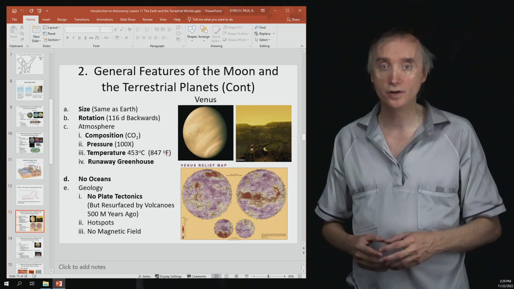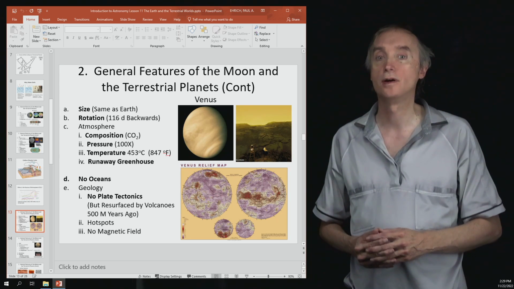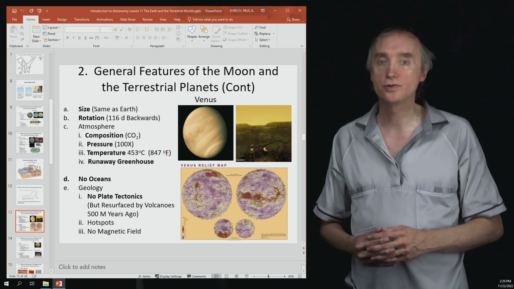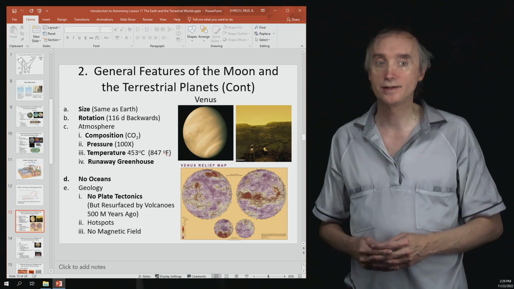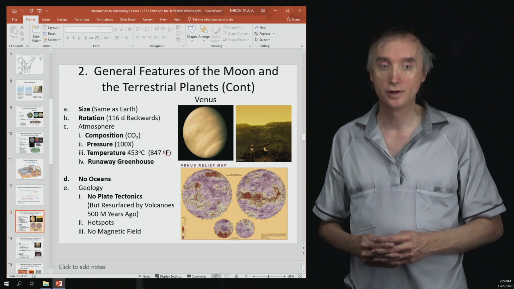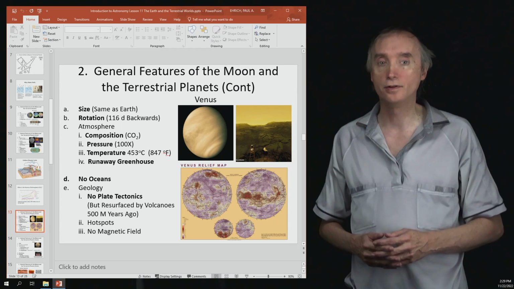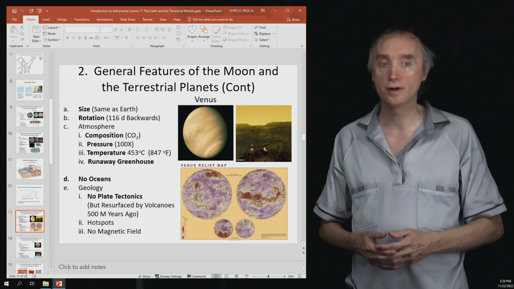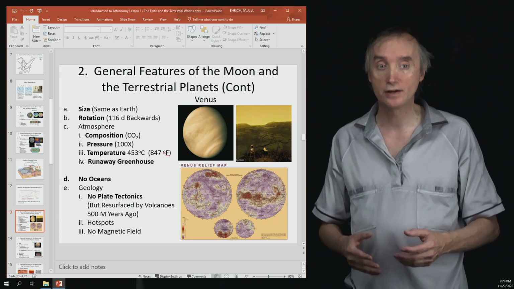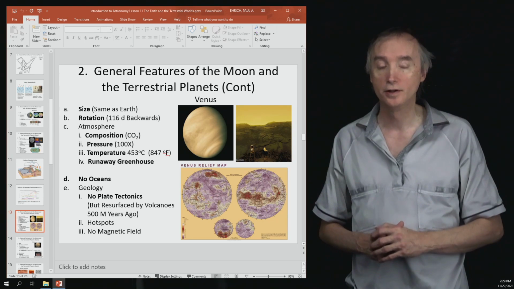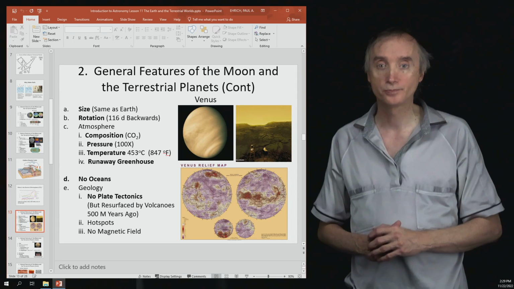So the pressure on Venus would be 100 atmospheres. It's equivalent to the pressure that you would feel if you were down where the Titanic is located. So if you were to step foot on planet Venus without a protective suit on, you would be squished down to about the size of a soccer ball from the intense pressures.